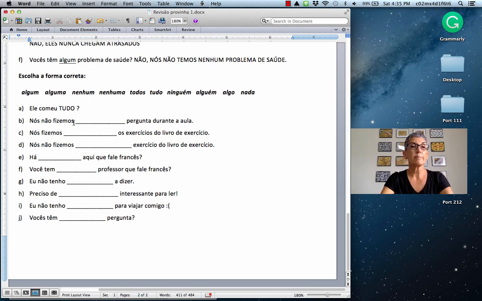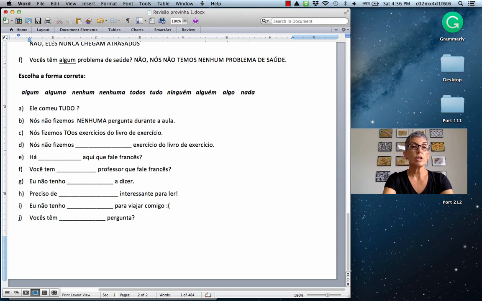Todo chocolate. Nós não fizemos, so it's a negative sentence. We did not ask no questions. Então, nós não fizemos nenhuma pergunta durante a aula. Nós fizemos, now it's an affirmative sentence, and you want to say, we did all the exercises on the workbook.